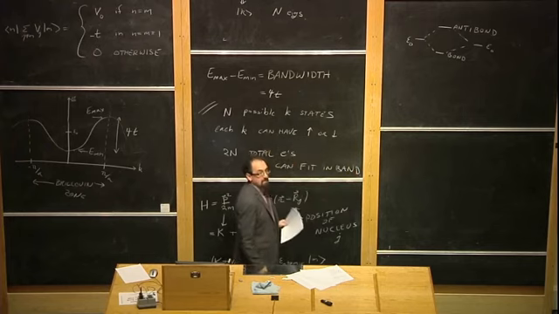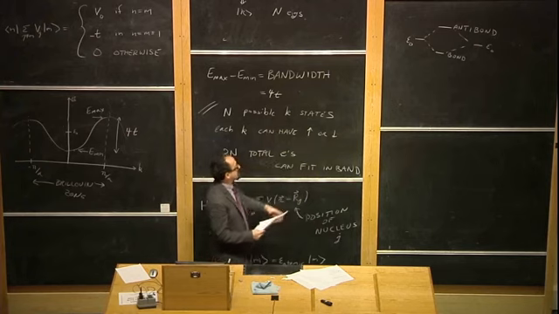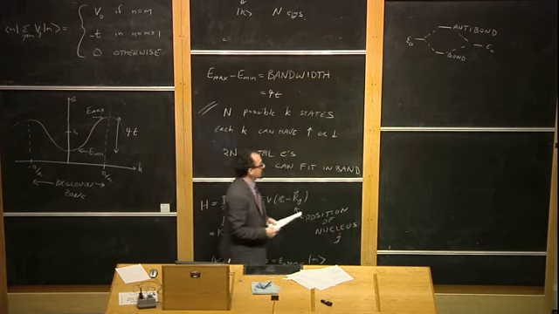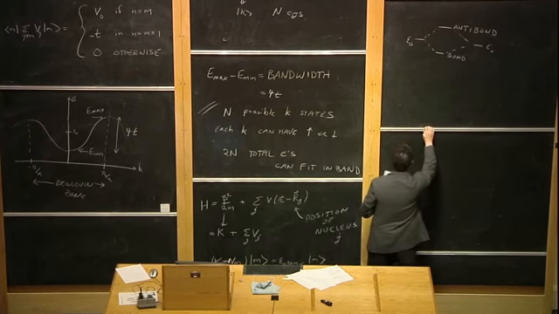Okay? Good? So we fill up all the k states. You can fill them up with either spin up or spin down. So we can have a total of 2n electrons fitting in that band.